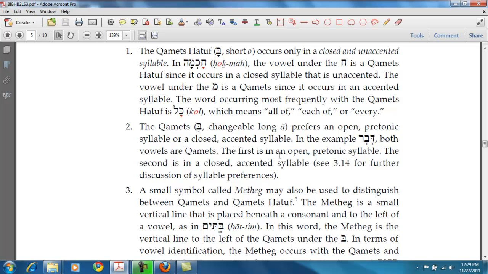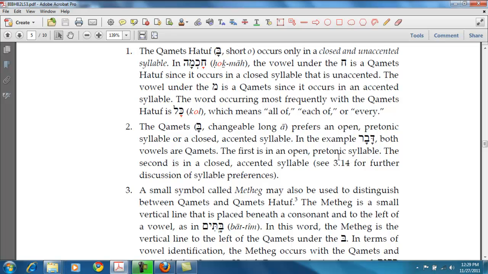The first is an open syllable, da is an open syllable, and thus it's a pretonic syllable, and the second is in a closed accented syllable, var. So that's another way you can tell.